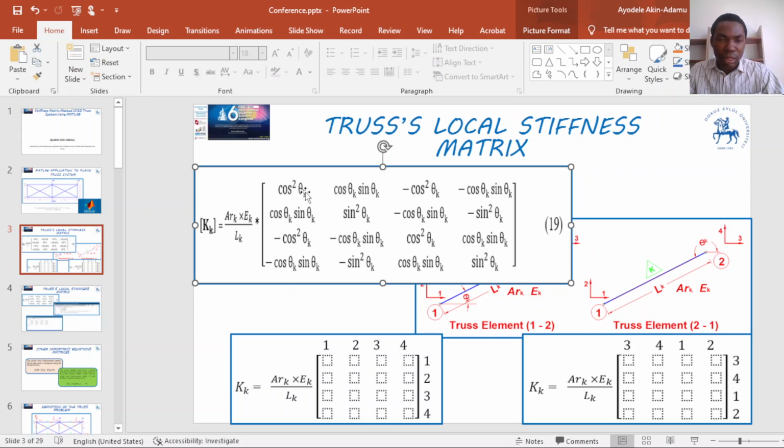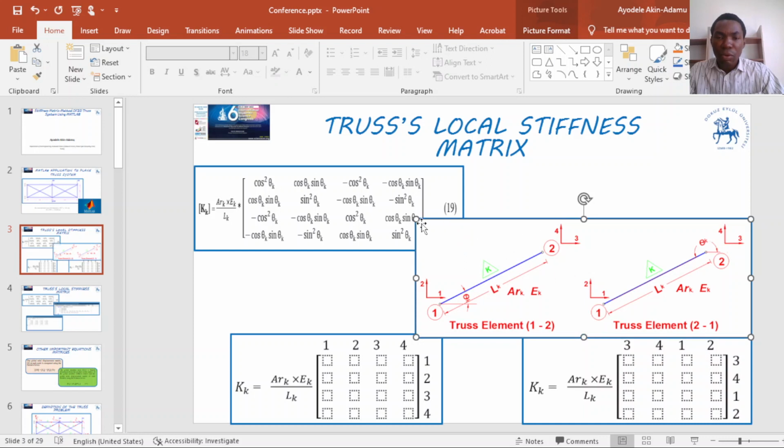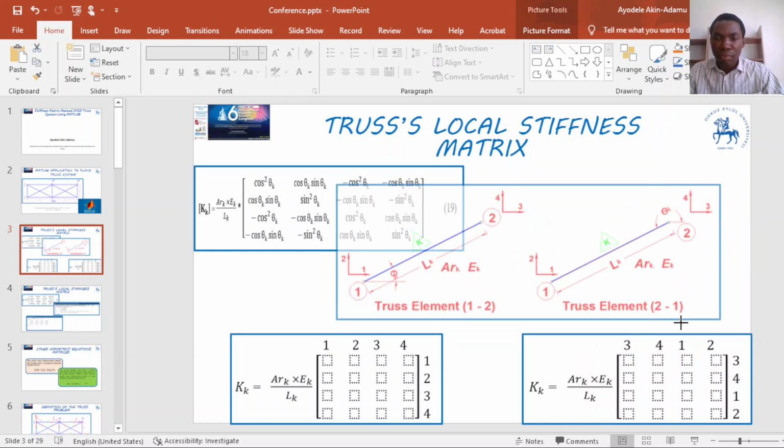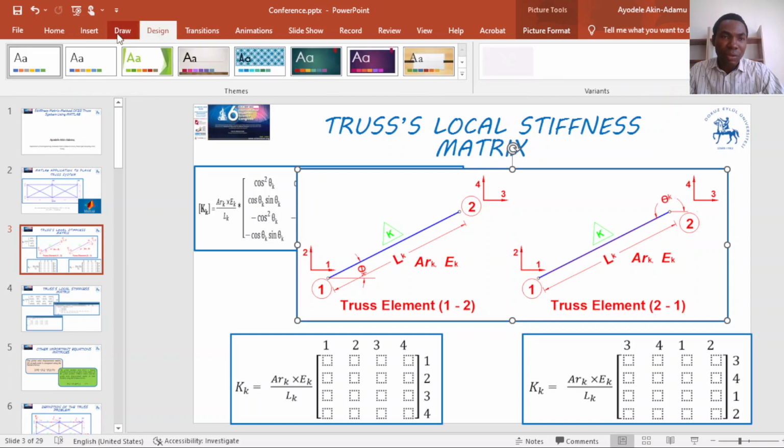And to define this angle theta, assuming we have a truss element with node numbers 1 and 2, degrees of freedom 1, 2, 3, 4, and the labeling of the member K, length K. There is something I didn't depict on this diagram, which is very important.